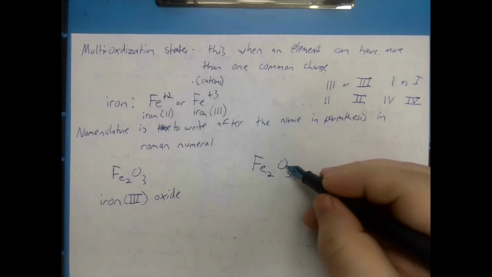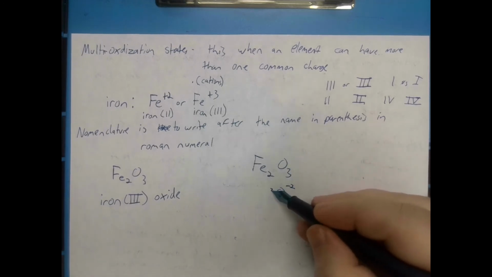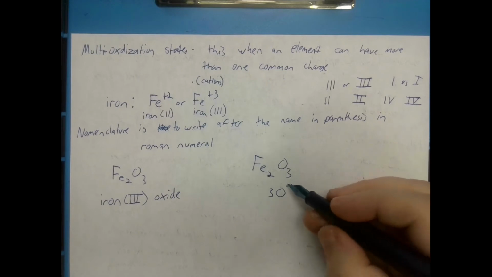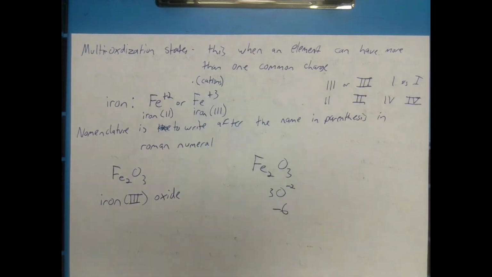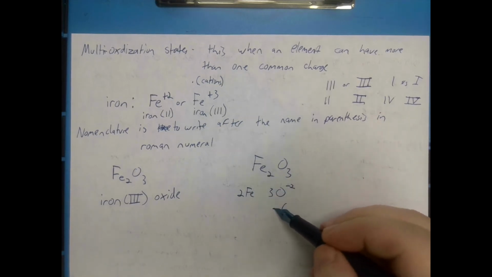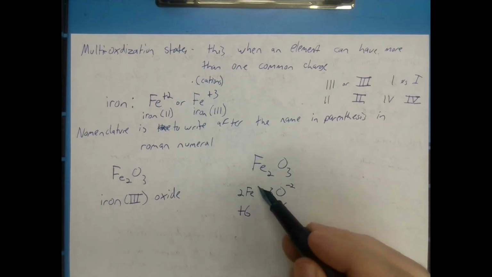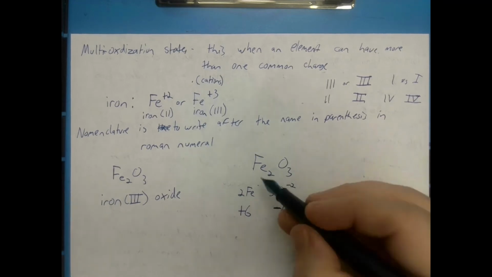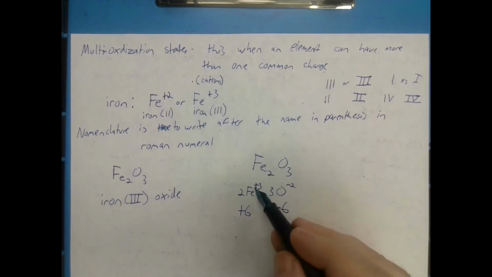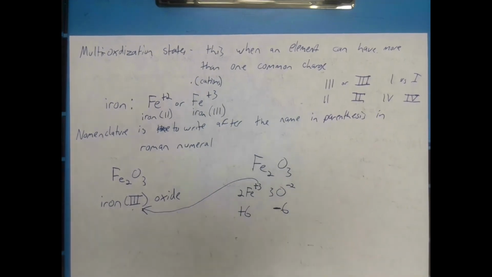So I know that oxygen is -2, and I got 3 of them. So what is 3 times -2? And I have 2 iron, and to cancel out this -6, I need a +6. So 2 times what gives you +6? +3. So this +3, the 3 should go into the name right here.